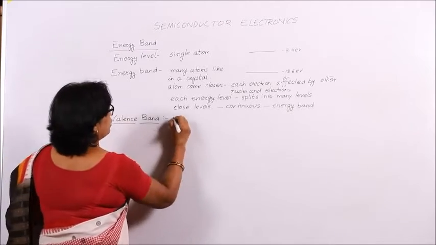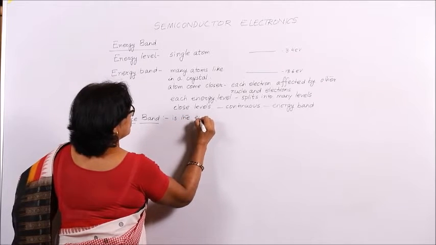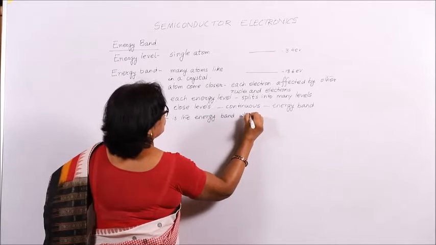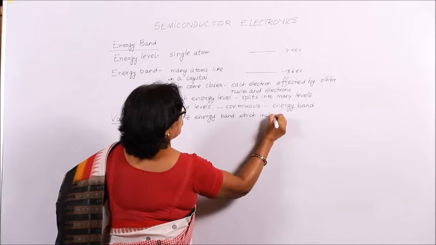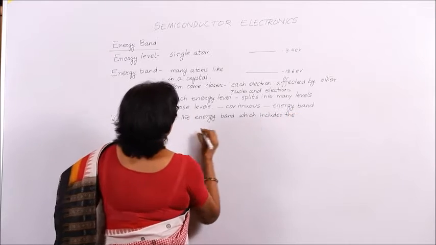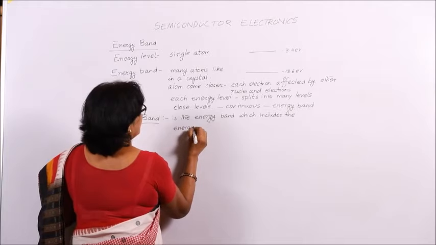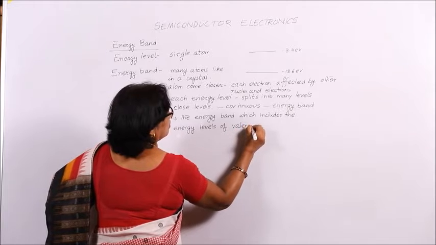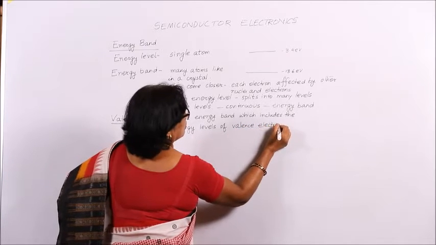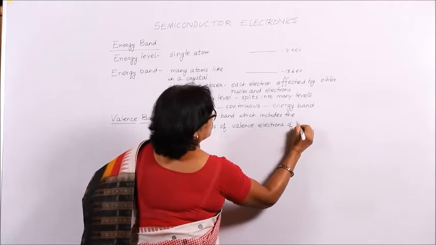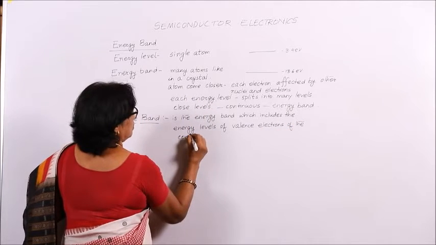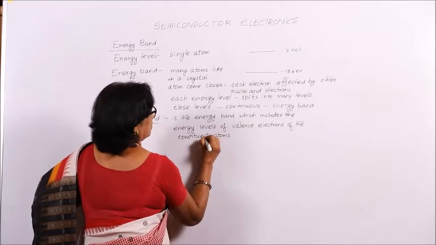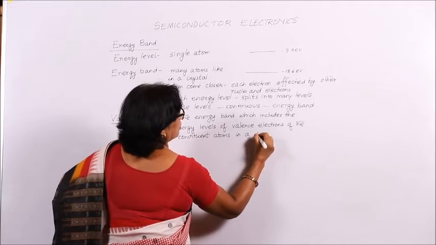So the valence band is the energy band which includes the energy levels of the valence electrons of the constituent atoms in a crystal, in a solid.